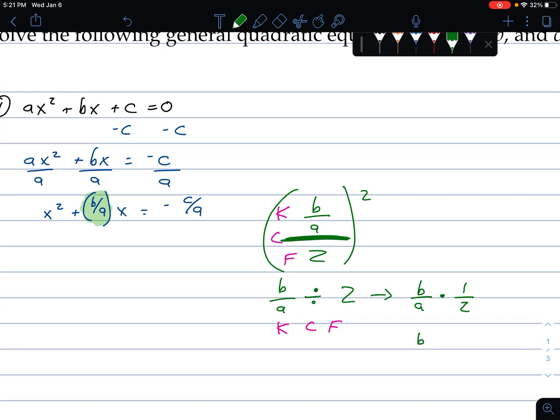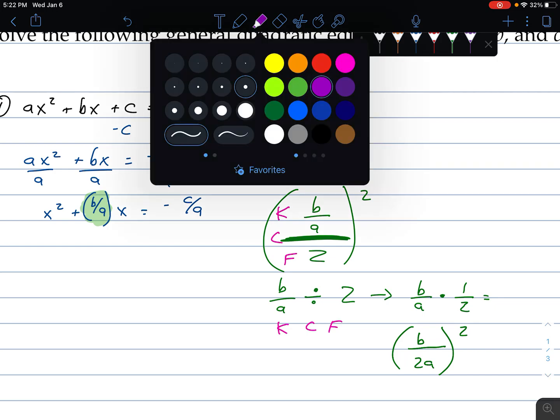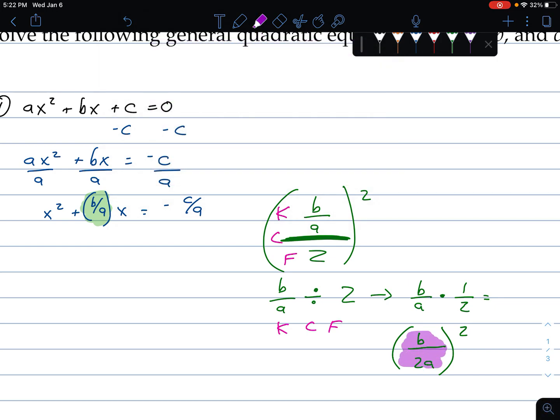In other words, B over 2A. I'm going to square that, but remember, we want to recall this number later on. This B over 2A is going to represent a number for us. That thing is going to come in handy later, as we saw up above.